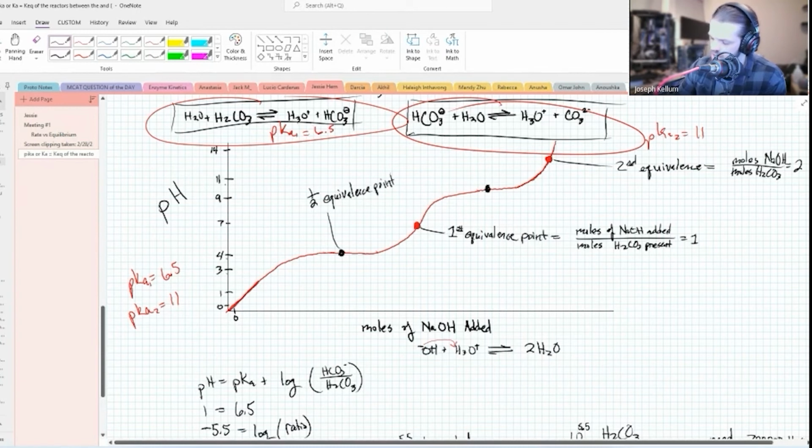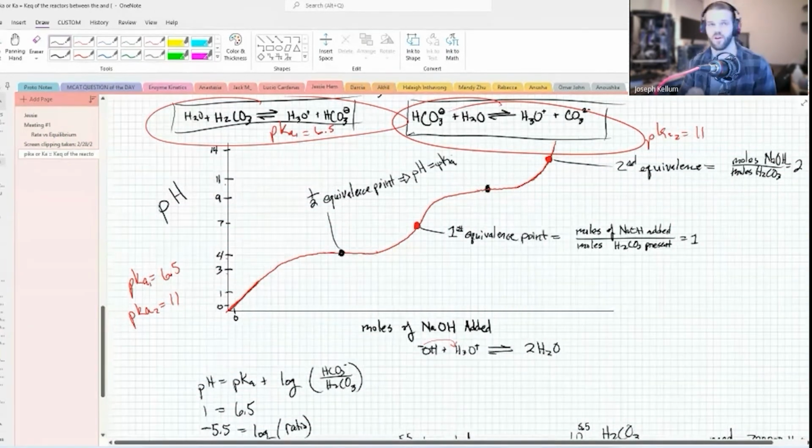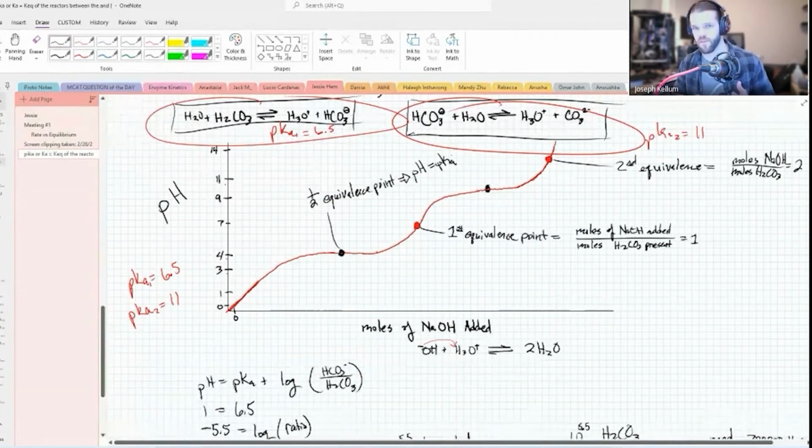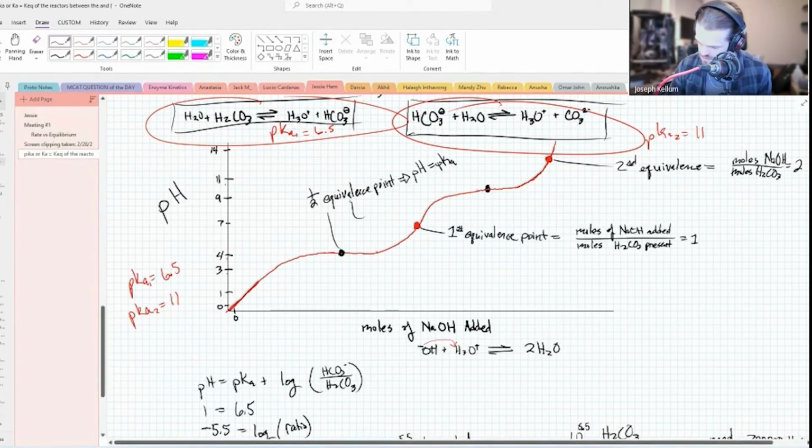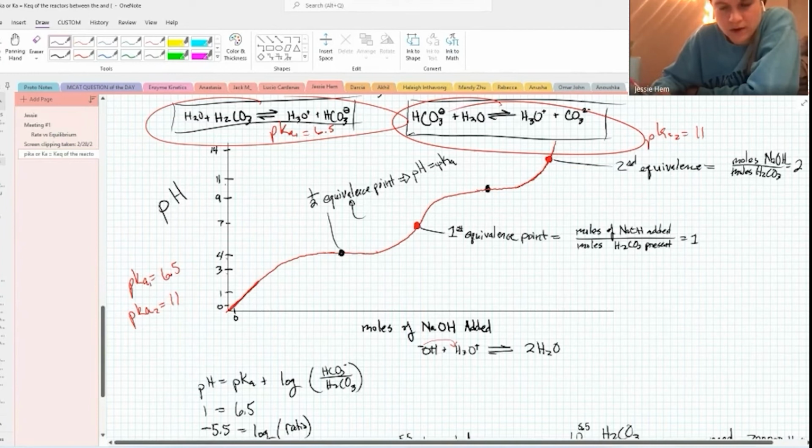One-half equivalence point is the point at which the pH is equal to the pKa. And so that also means that's the point where the buffering capacity of the solution is the greatest. So that's the point where you're matching effectively equally the base, so the OH, to the HCO3.